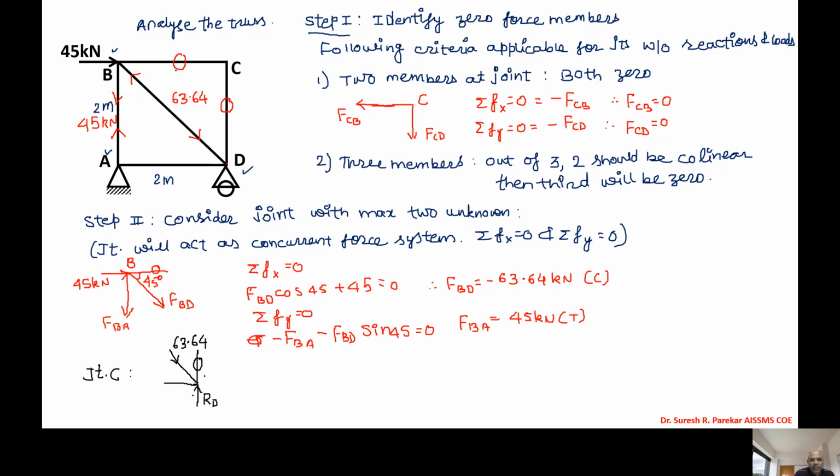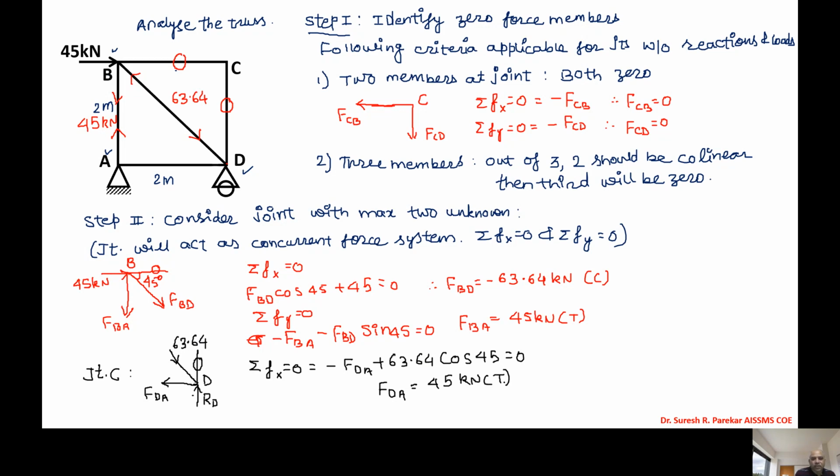Now for this joint D, I apply summation Fx equal to 0. We have the force in member DA, so we get minus FDA plus 63.64 cos 45 equal to 0, which gives FDA equal to 45 kilonewtons. The value is plus, so it is tensile.